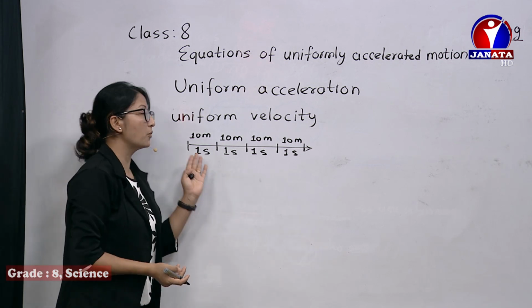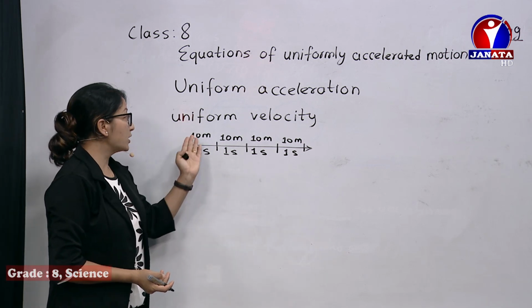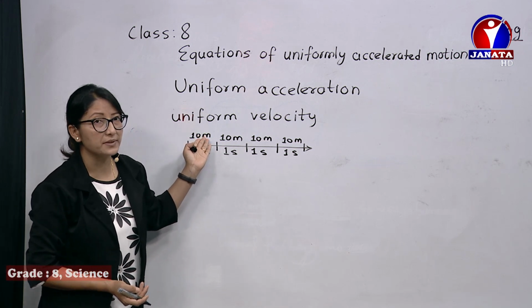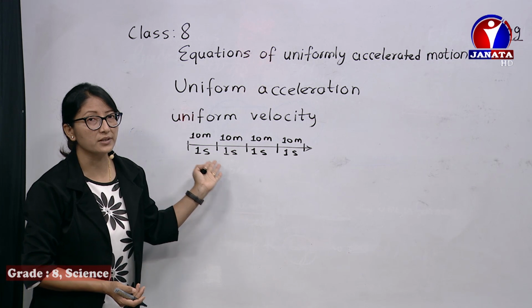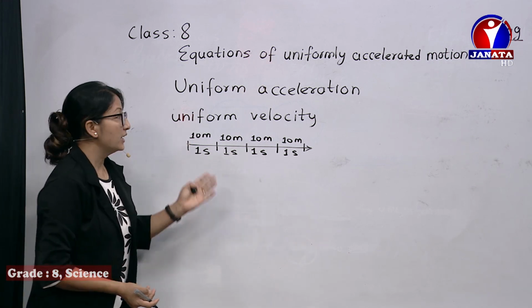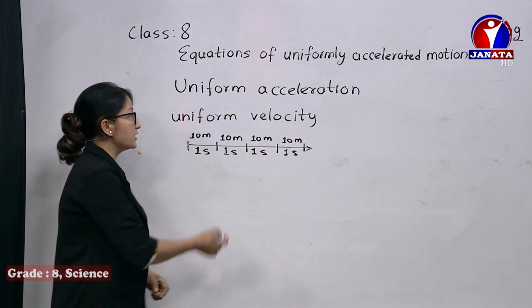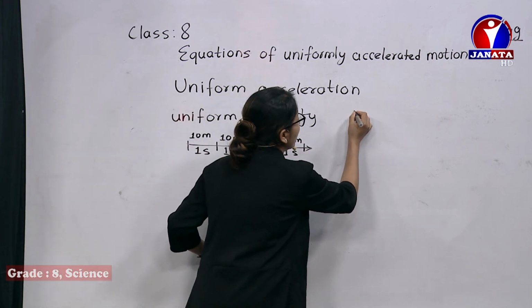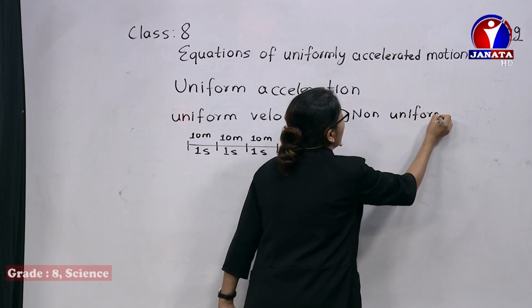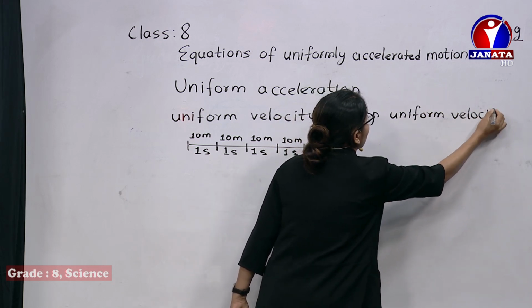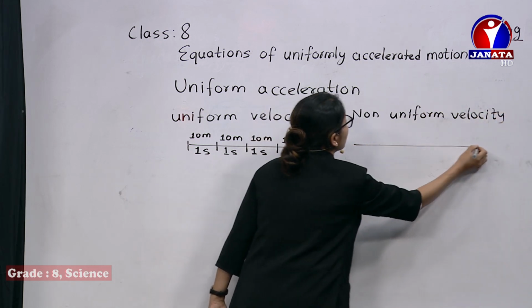Simply to define, if a body covers equal displacement in equal intervals of time, it is said to be in uniform velocity. And it would be non-uniform if it covers unequal displacement.